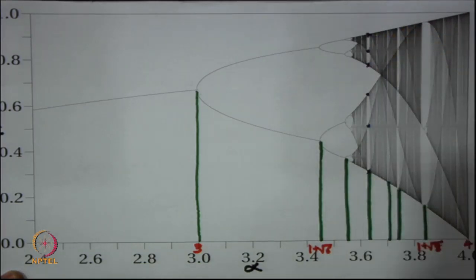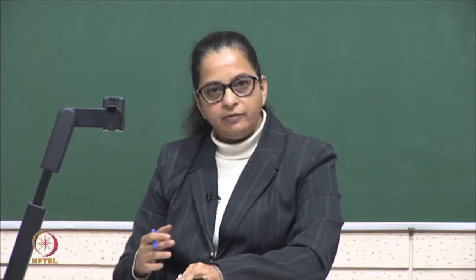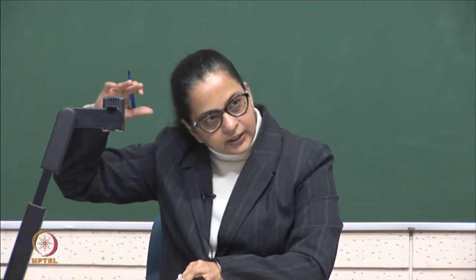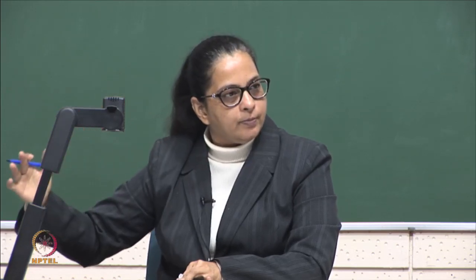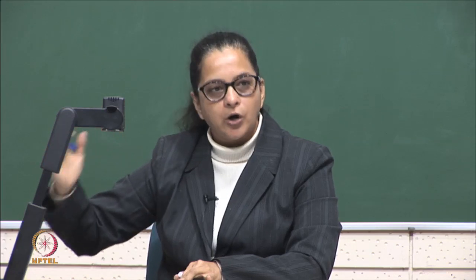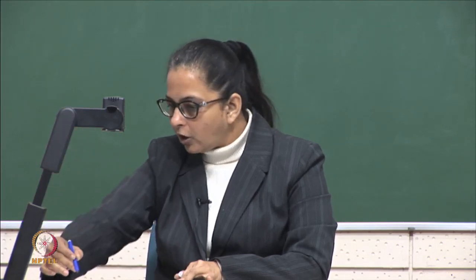Once you have a periodic point of period 6 being born, the period no longer doubles, because we now basically have periodic points of all even periods. The period does not double, but still there are new and new periodic points being born, and now these are periodic points of odd order, or odd periods.